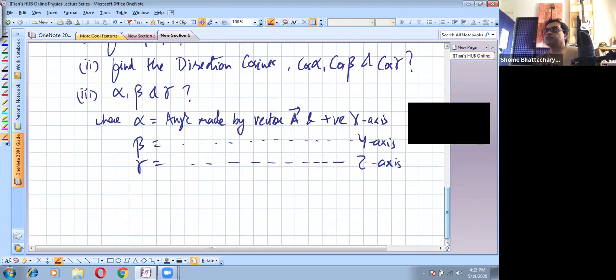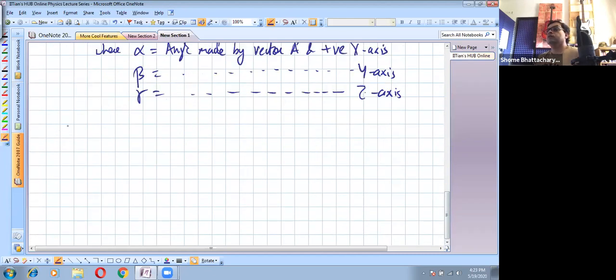So let's check this out. You can see that the given vector E was square root of 2 i cap minus square root of 2 j cap plus 2 times k cap. The first formula I will apply is for the magnitude of the vector.